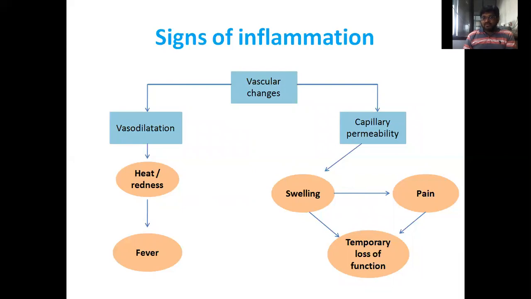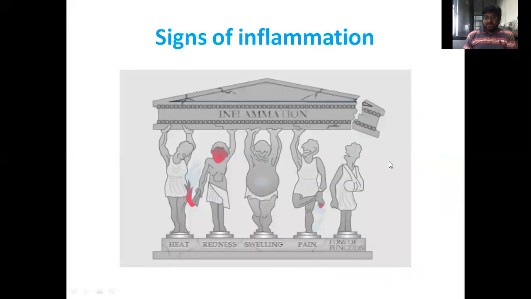So these are the signs of the inflammation: heat, redness, swelling, pain.